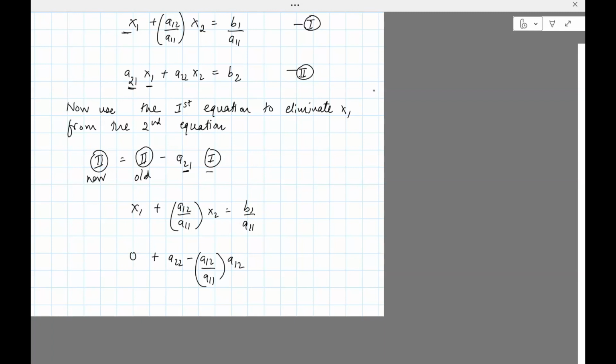So now we have A22 minus A12 over A11 times A21, times X2 equals B2 minus B1 divided by A11 times A21.